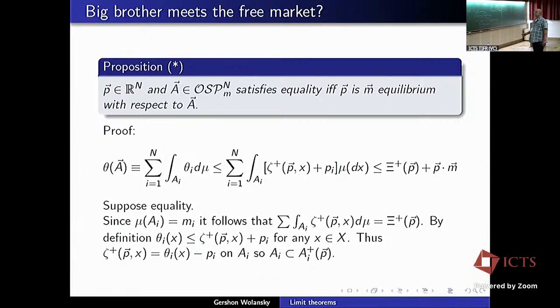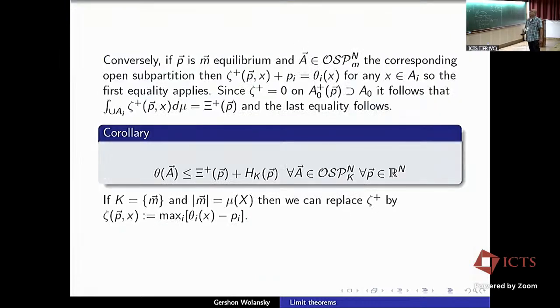So by definition, A_i is a subset of A plus. This was one of the conditions, according to the definition that we made before, on a partition which is subject to the price P. And the other direction is also quite straightforward.